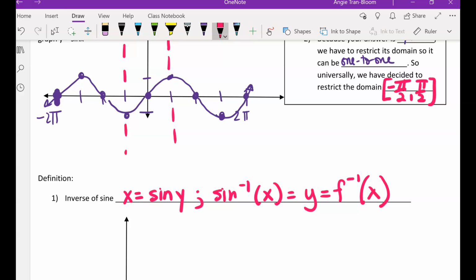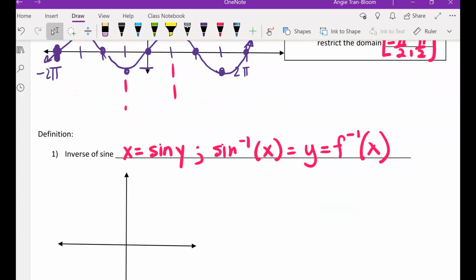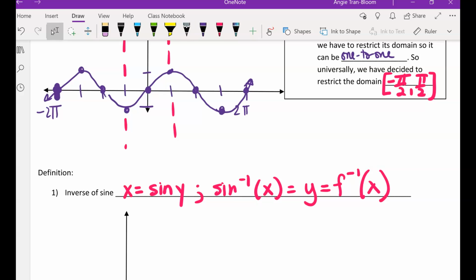Now let's talk about the restriction of sine inverse. Remember, we limited the original. This was the original limitation of the domain. Would you guys agree? Because it was the original's domain, it turned out to be the inverse's range. You're right. So we will write the domain of the inverse, which is super important, and then the range of the inverse.